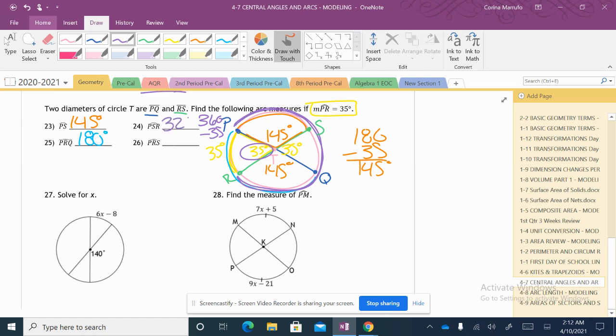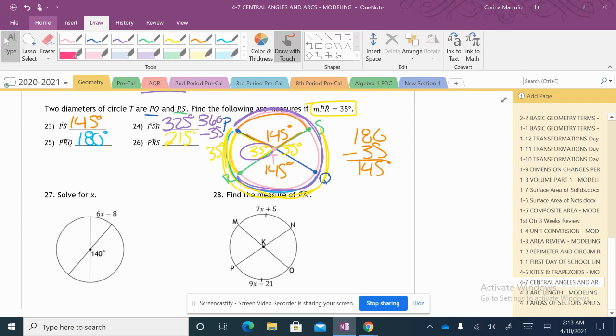That's 325. And then the last one's asking for PRS. So let's see, from P to R first, and then to S. So everything except for the 145. So I'm going to do 360 minus 145, and it gives me 215.